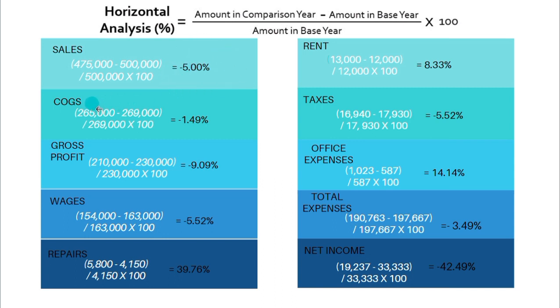For the COGS, 265,000 minus 269,000 divided by 269,000 times 100, the result is negative 1.49%. For the gross profit, we just need to subtract again, 210,000 minus 230,000 divided by 230,000 times 100, resulting in negative 9.09%.